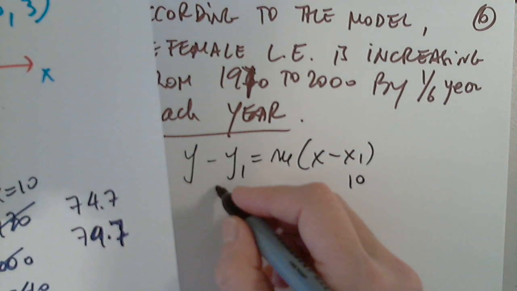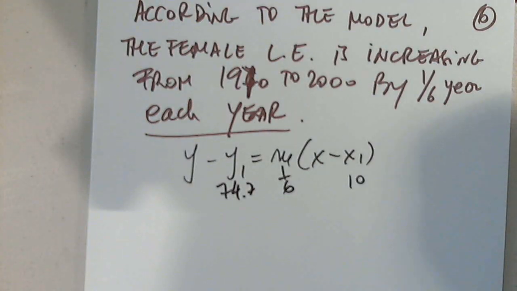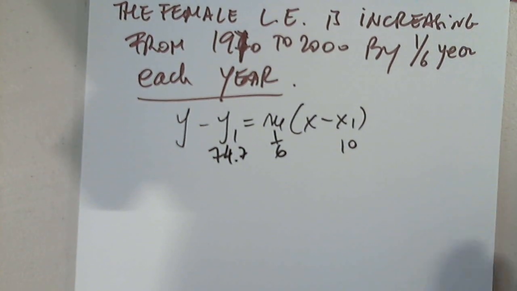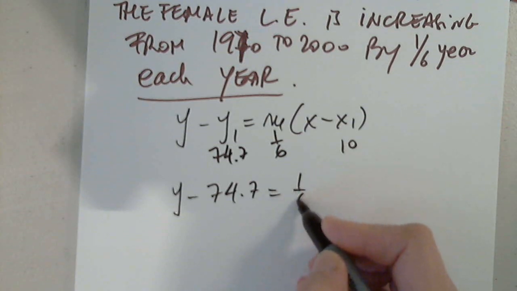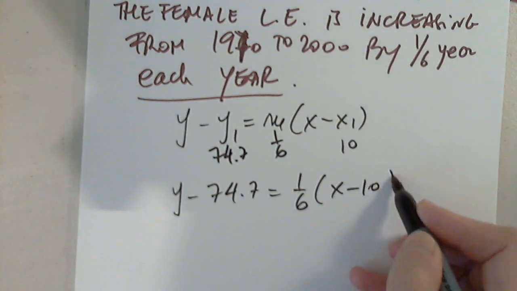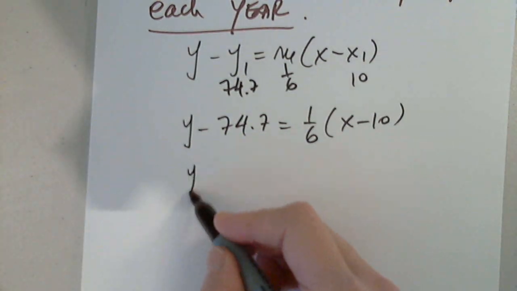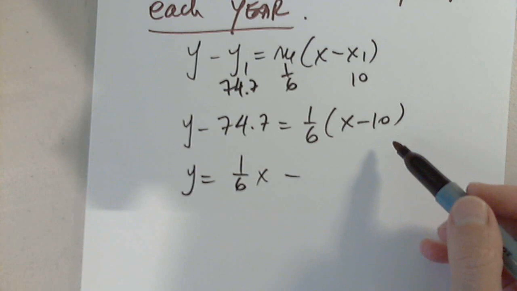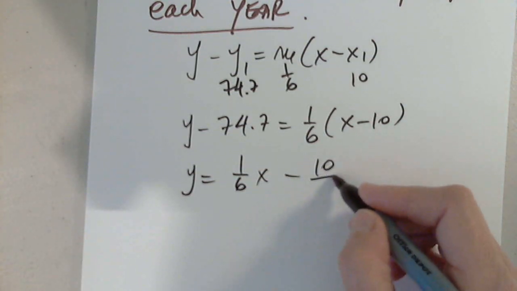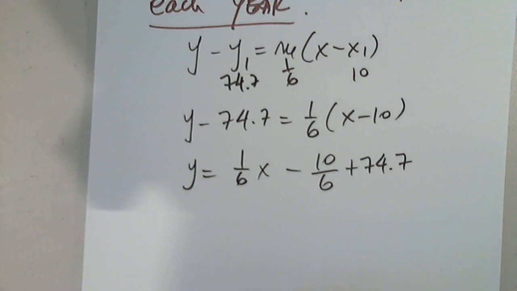So 10, 74.7, and 1/6. So then y minus 74.7 equals 1/6 times x minus 10. So y equals 1/6 x minus 10 over 6 and then plus 74.7.